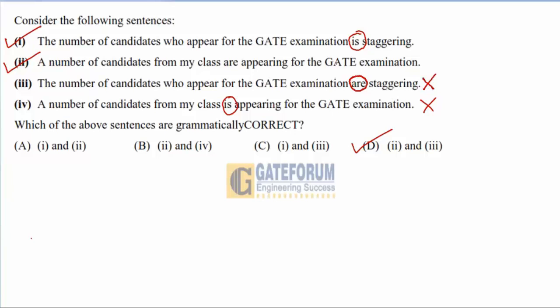So this is the rectification that I wanted. Here is would be the right option. And hence, instead of D, the correct option for this question would have been 1 and 2. This was the corrigendum which I just wanted you to know. Thank you.